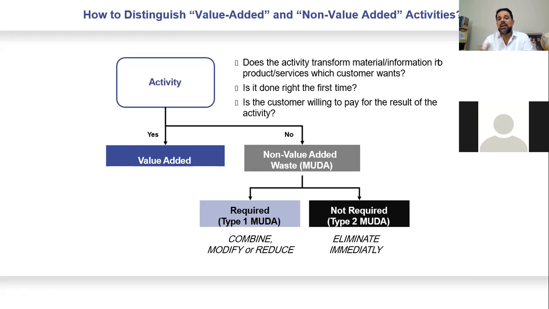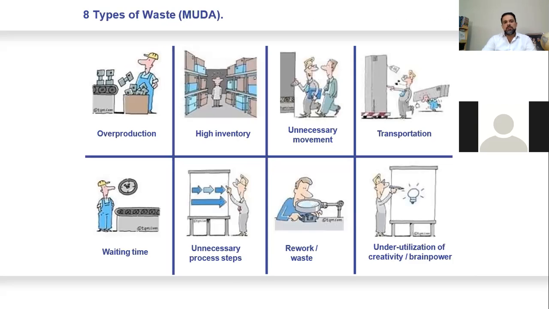And there is non-required waste that we can eliminate totally. Just to refresh your memories, the types of waste are overproduction, high inventory, unnecessary movement, transportation, waiting time, unnecessary process steps, rework, and underutilization of the brain of the manpower.